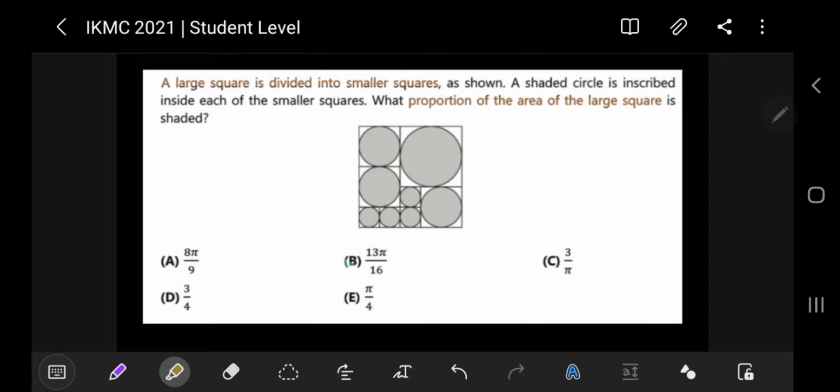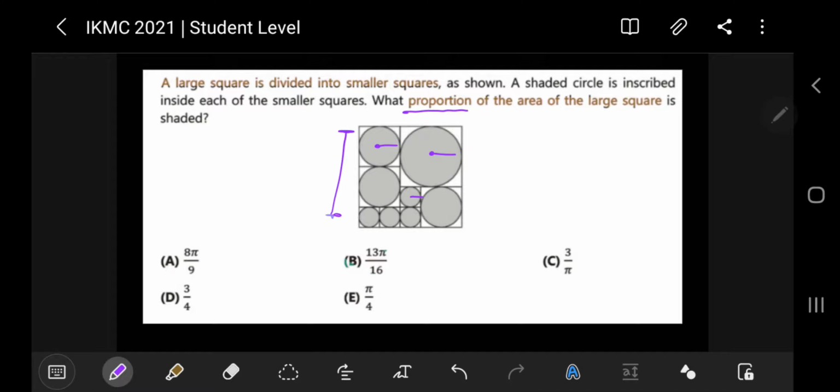Now the very first thing to note is that they've used the word proportion here. Another thing is that they didn't give us any dimensions, for example the side length of the square, or the radius of any of these circles.